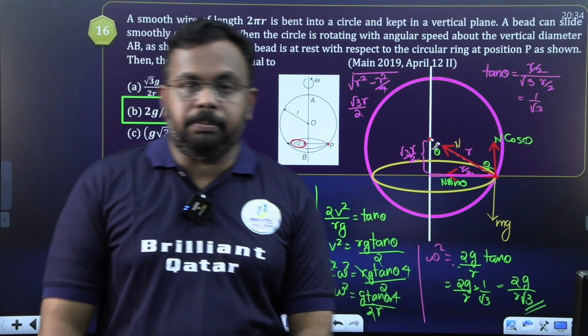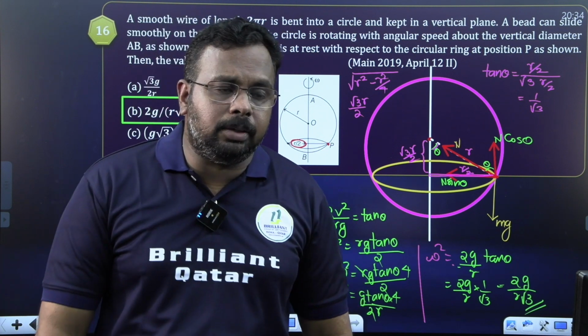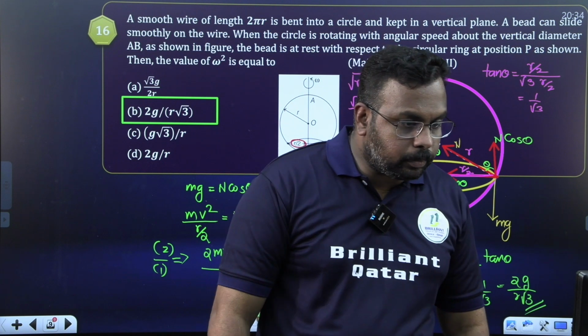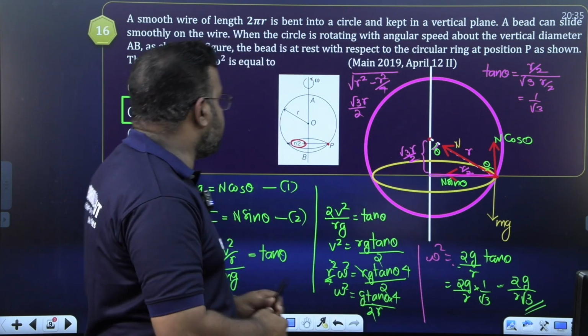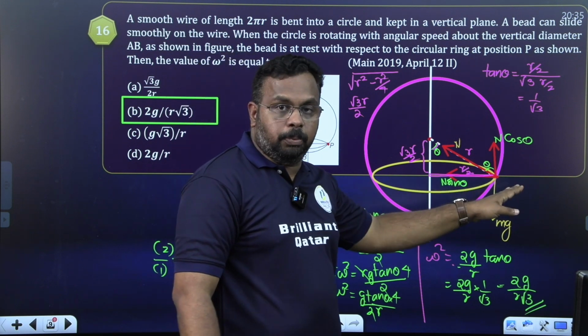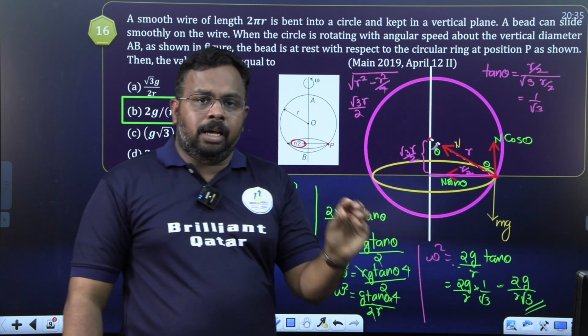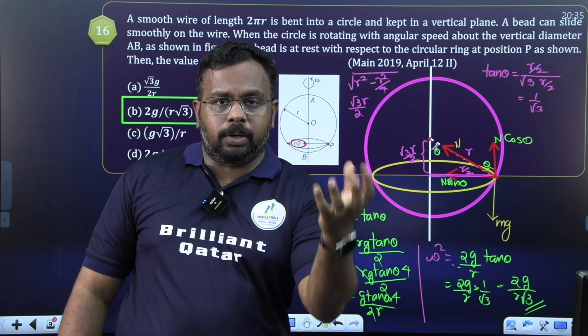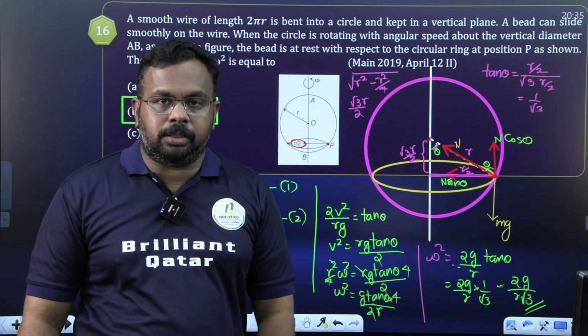This is again, you can say, a main question, not an advanced one, but looks like an advanced type. Yeah. See, Aditya, the concept of the question is, it comes to rest at a particular point. That means with what velocity, if you are rotating that ring, you can bring that bead to rest.